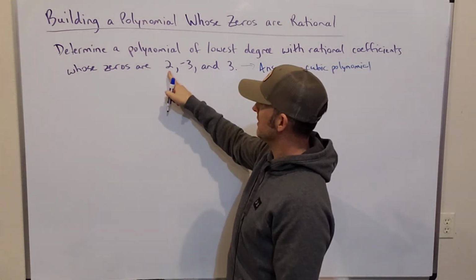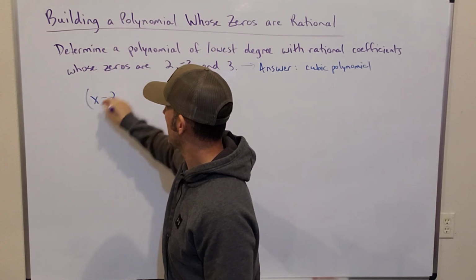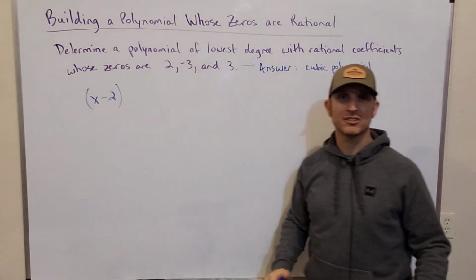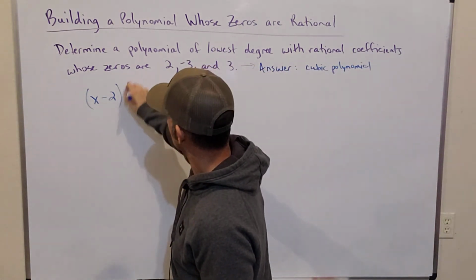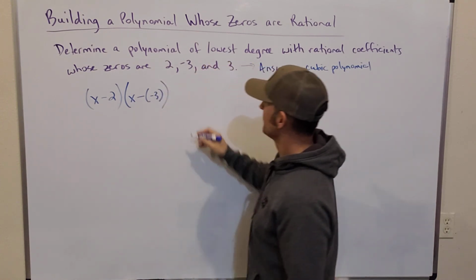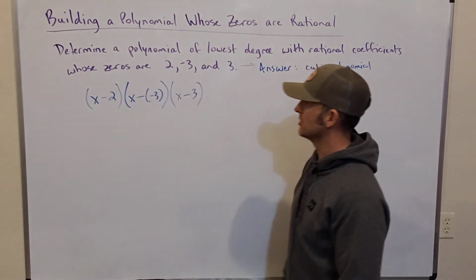So now, if 2 is a 0, then x minus 2 is a factor. So we're turning each 0 into a factor, and factors always multiply together. So if -3 is a 0, then x minus -3 is a factor. And finally, if 3 is a 0, then x minus 3 is a factor.